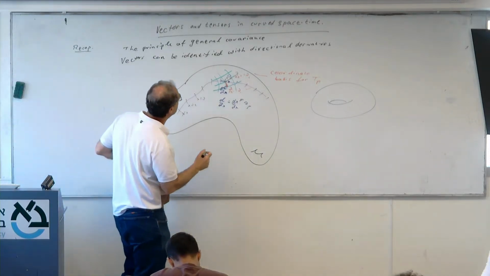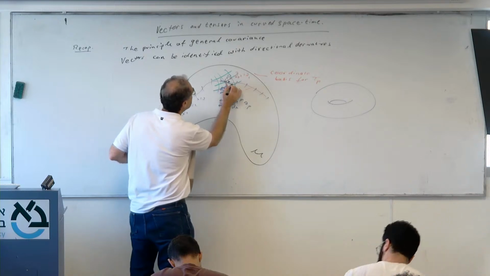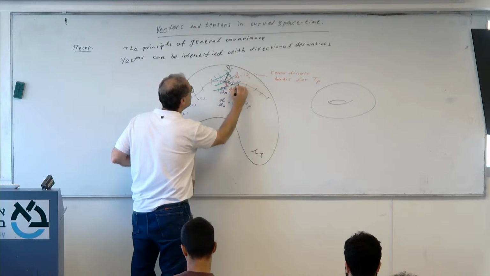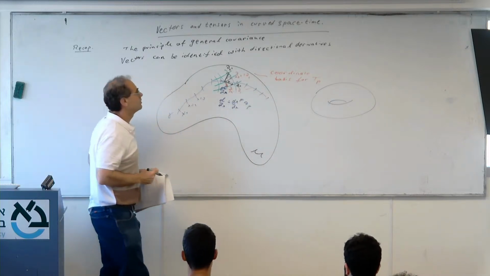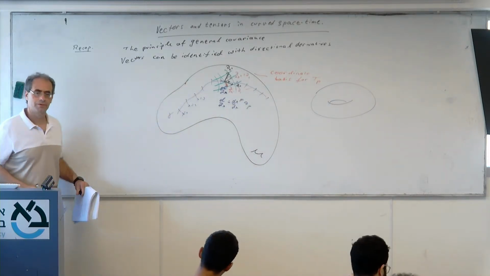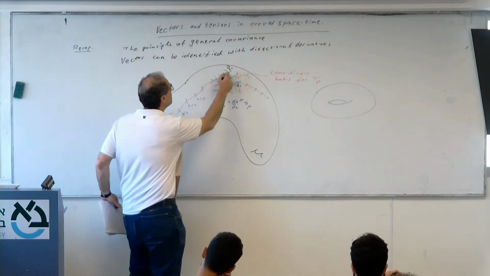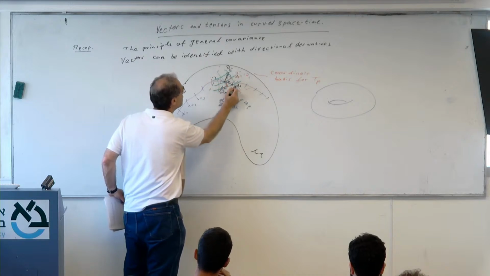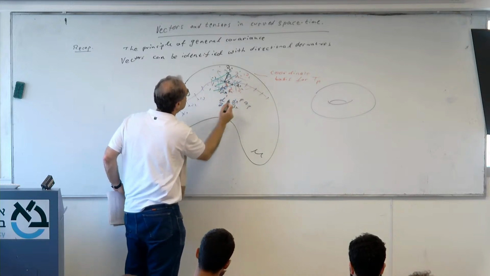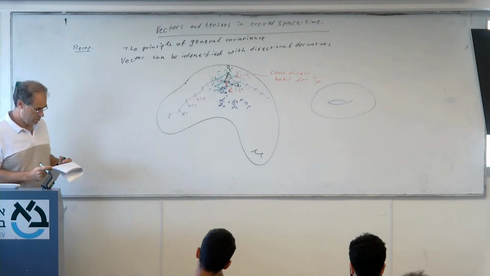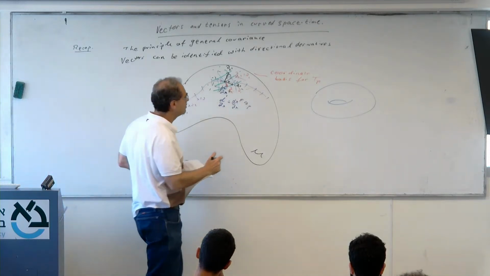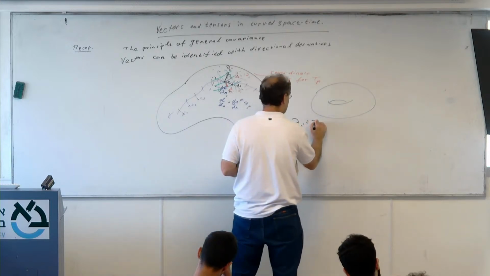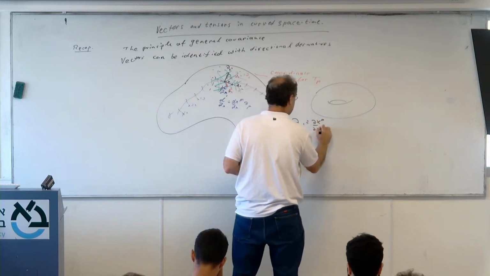I can change from d mu to d mu prime, d2 prime, d1 prime. And of course, I can simply shift the entire grid to set the new coordinates. Hope it's not getting too messy. Then obviously d mu prime is just dx mu prime.